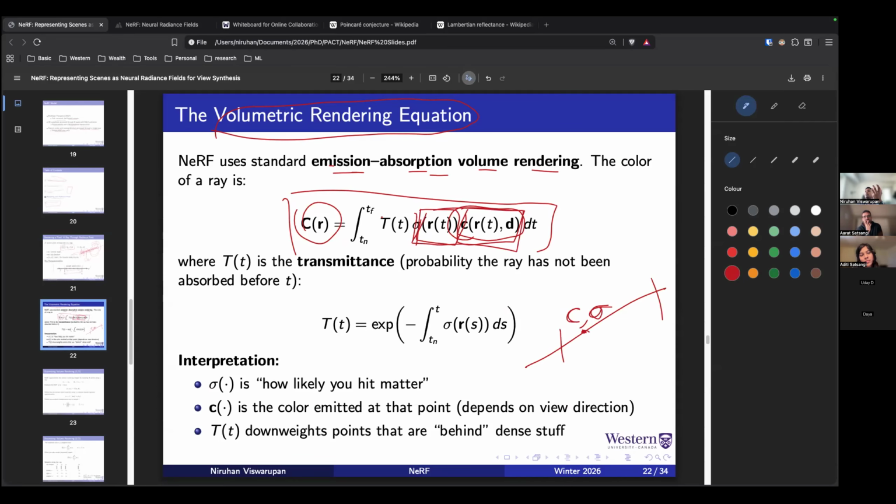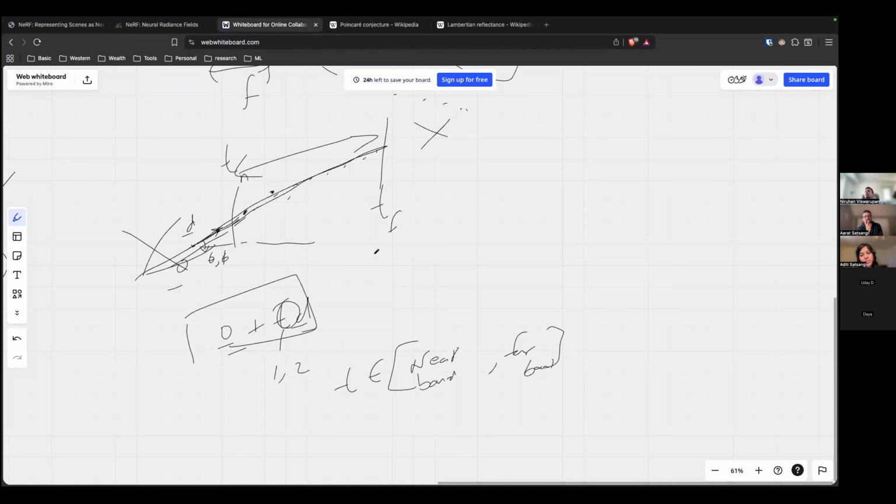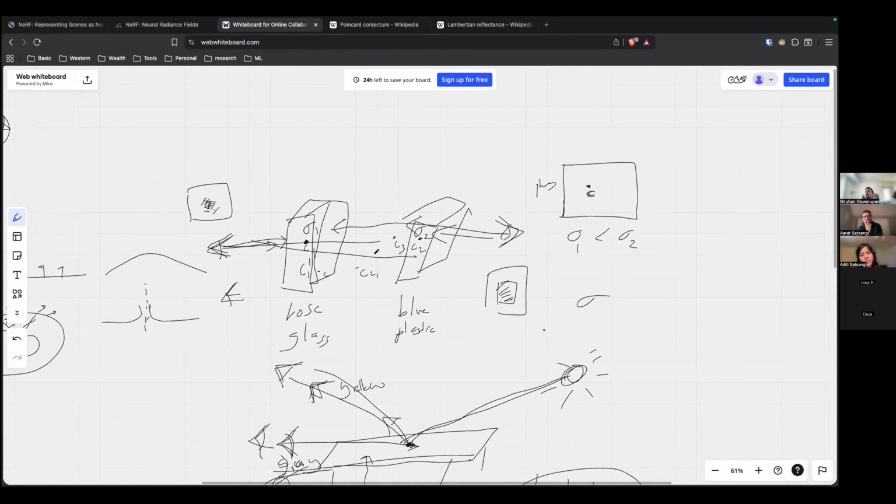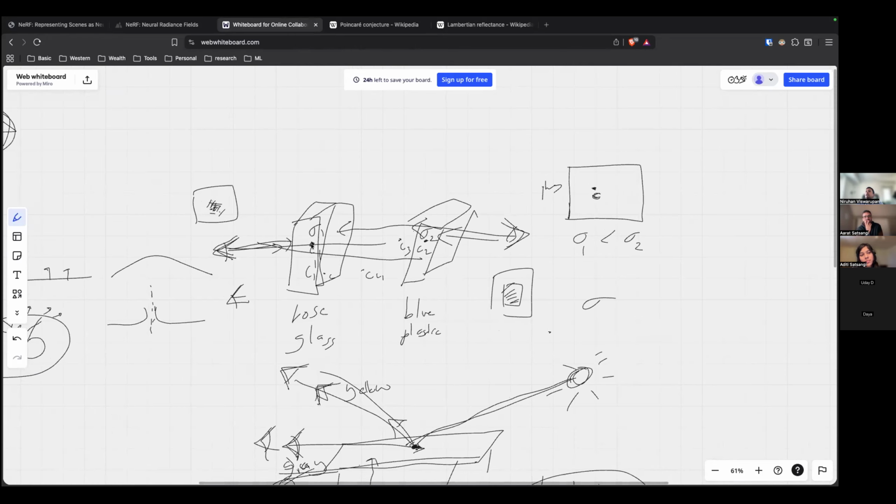We have seen in this example that c1 is rose and sigma 1 is lower than sigma 2. So the strength of emission of light at this point will be low compared to the strength of emission at this point, because this point has a high opacity.